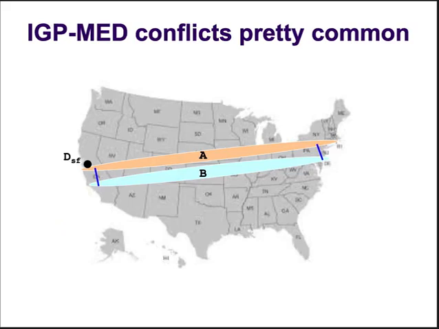So for example, if you see two providers A and B and you're looking at traffic going between the east and west coast, what is quite common, for example, traffic going from B to a destination in San Francisco, B would immediately hot potato the traffic and send it over A's network. But the return traffic coming back from the destination to the source, A is also going to hot potato it and send it over B's network.